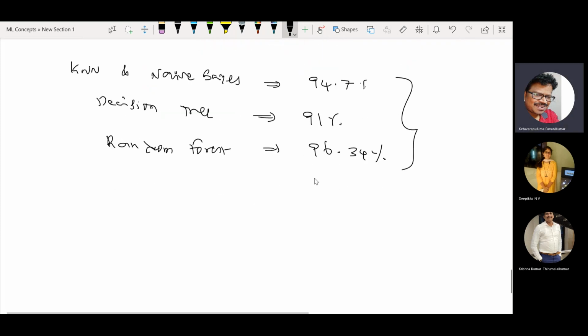Now, KNN is the most basic algorithm, a lazy learning, and we can say this is instance-based learning.